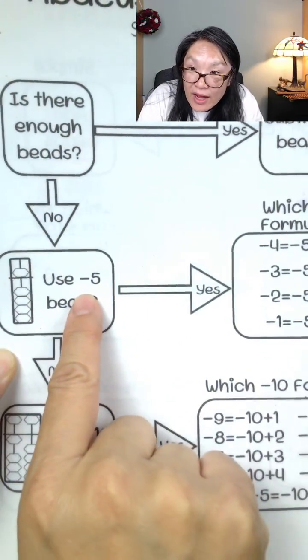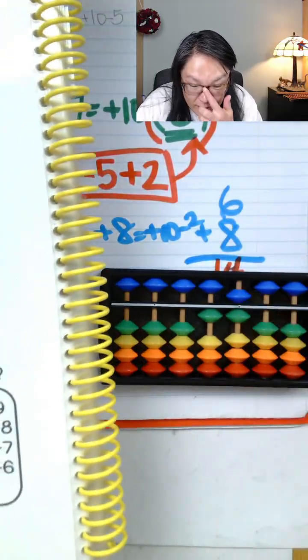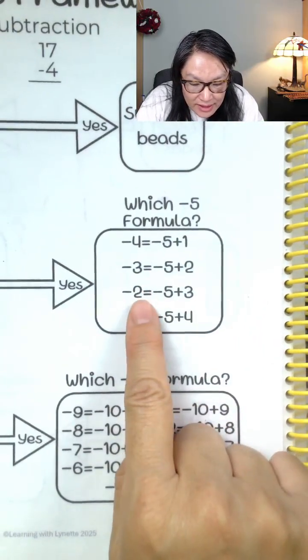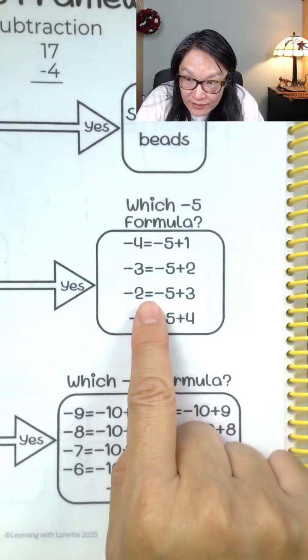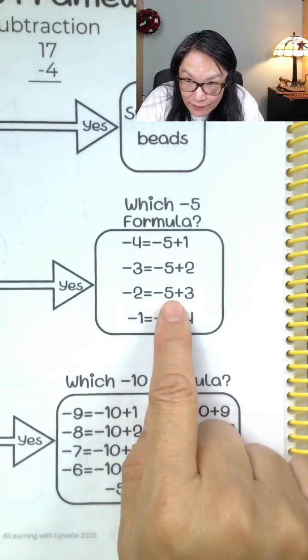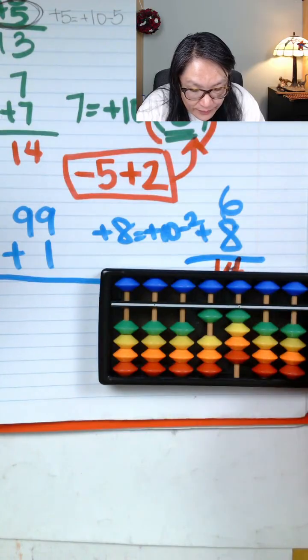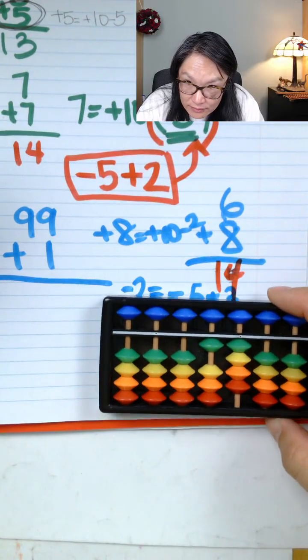No. Can I take away the 5? Yes, I can take away the 5. Minus the 2 is equal to minus the 5 plus the 3. And my answer is 14.